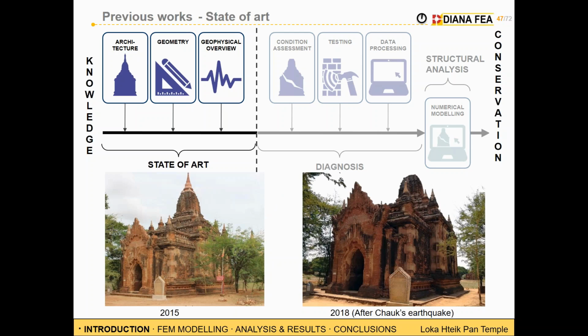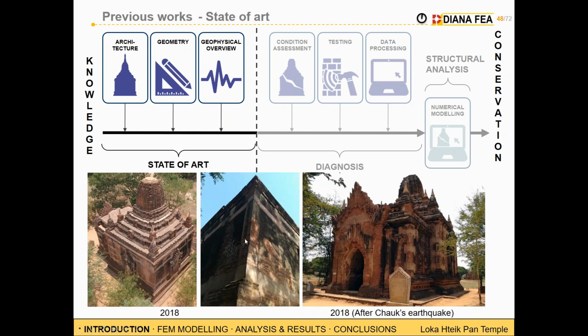This is our case study, and as you can see, after the Chauk earthquake, the final part of the Sikhara, which is the part below the spire, collapsed, and we don't know exactly when. Some reinforcements were added at the corner of the shrine and at the corner of the vestibule, and this will be an object of our webinar.